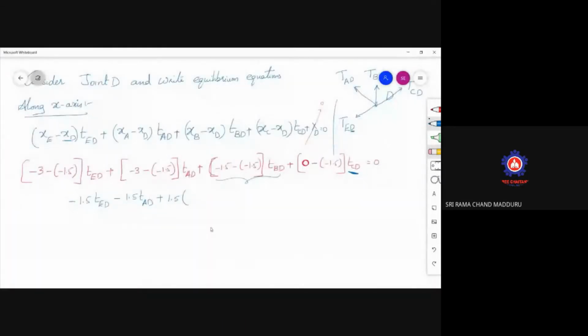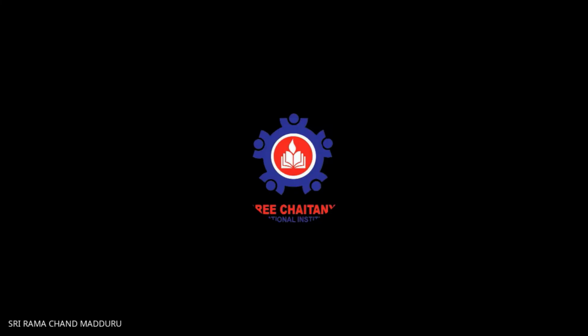Substitute the value minus 6.67. Here in the entire equation minus 1.5 can be cancelled. So for simplification, take it as minus 6.67. So this will be equation number 5.